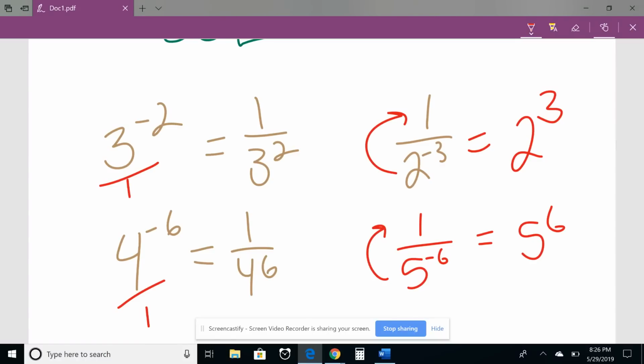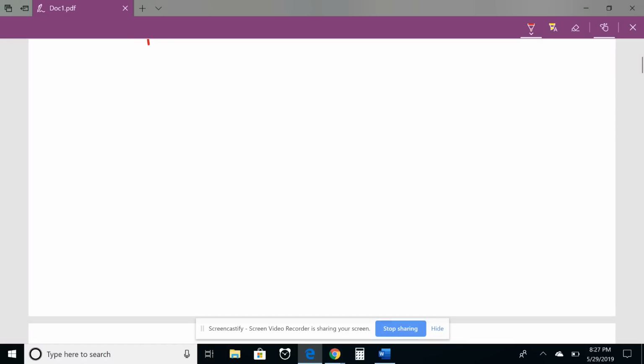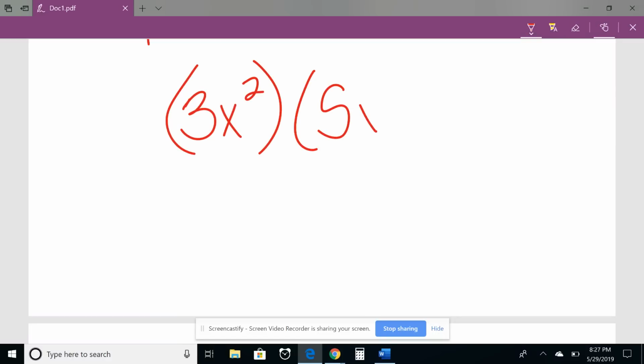So we covered multiplying terms of the same base, dividing terms of the same base, and what a negative exponent means. Now let's talk about multiplying and dividing some algebraic terms with variables. Say I had 3x to the second multiplied by 5x to the 6th.